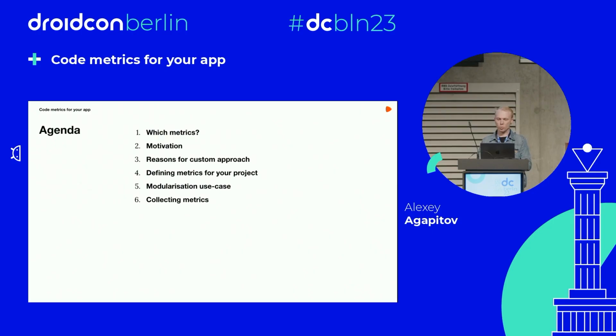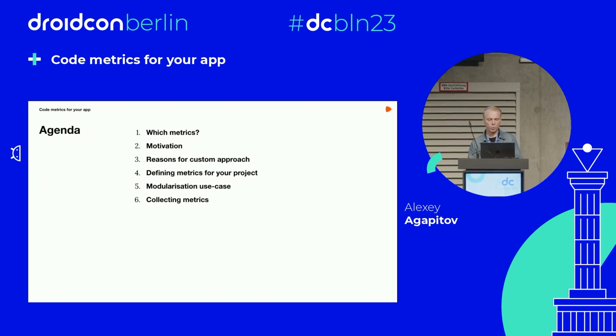Let's look into what we're going to discuss today. First I would like to explain which metrics I would like to introduce. What are these, and why are they needed? Explain why we would even bother with something like metrics, and then elaborate further into why we would want to develop something custom and not just use something existing already in the industry.